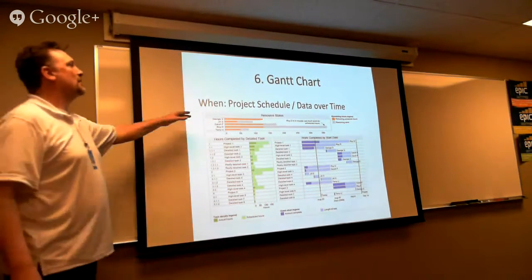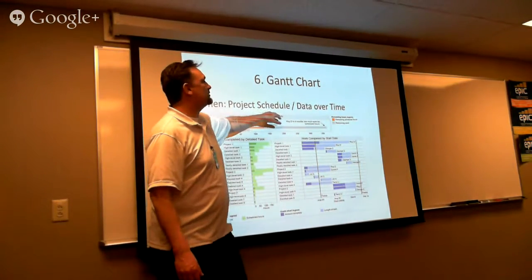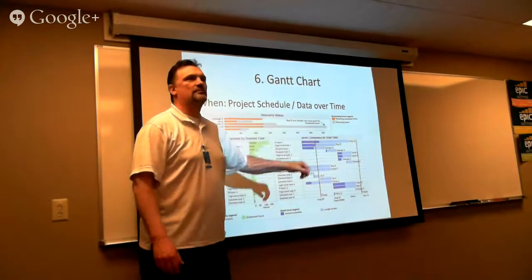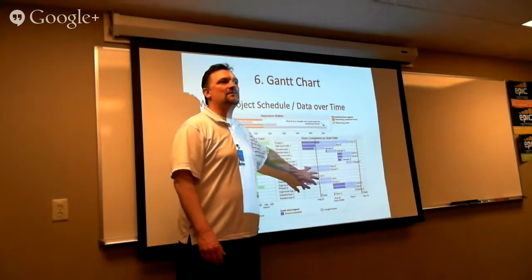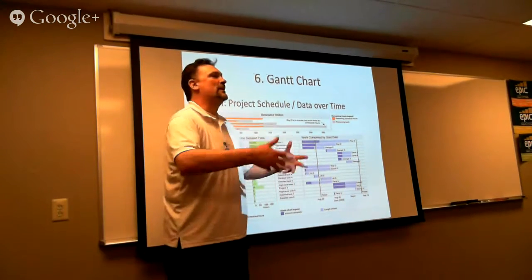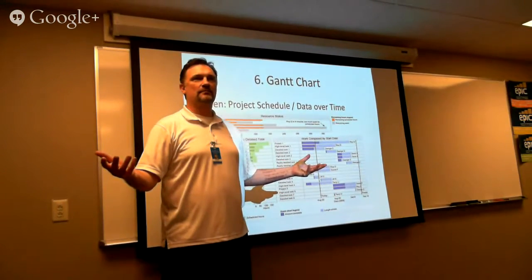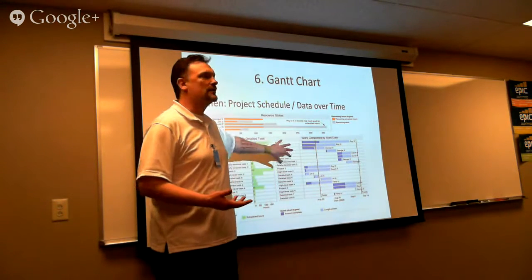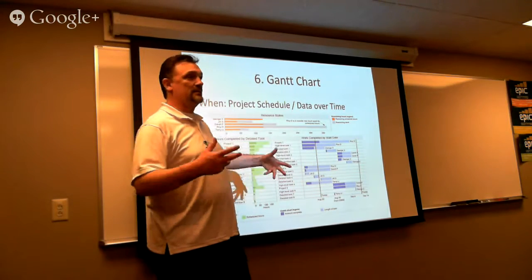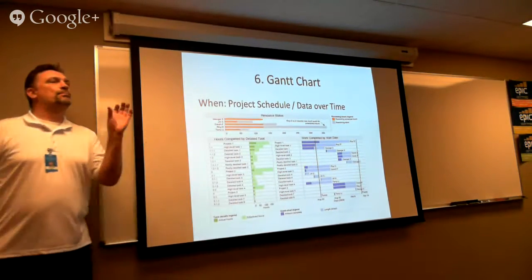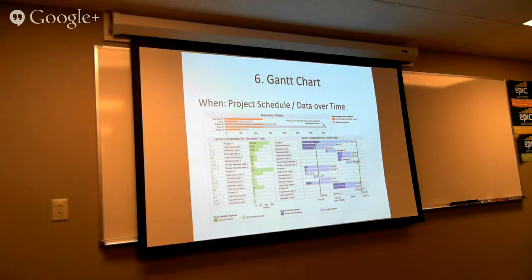So they included it. Basically, it's a project schedule, data over time, tasks. If you need these, you're going to get that information and knowledge from somewhere else. Typically, we are not the source for that. It's included here because it is a legitimate chart that is useful, but in special contexts.